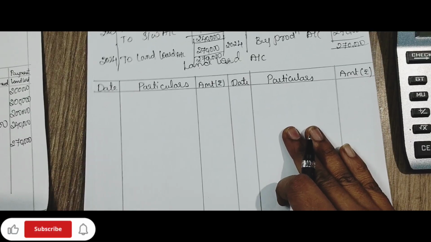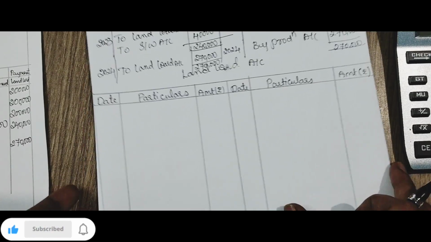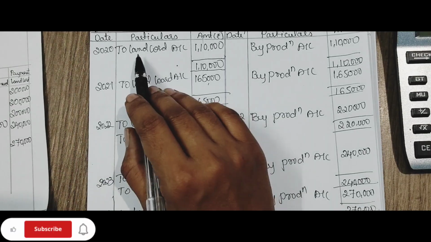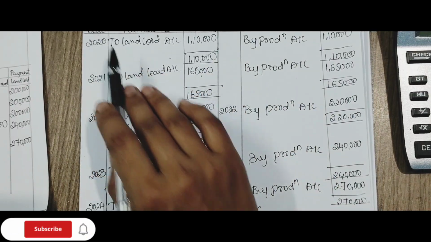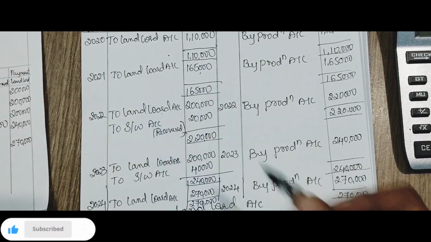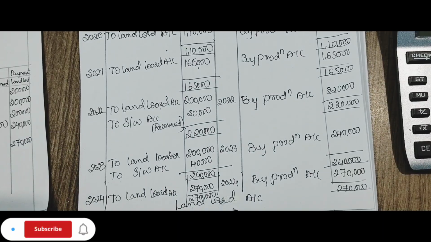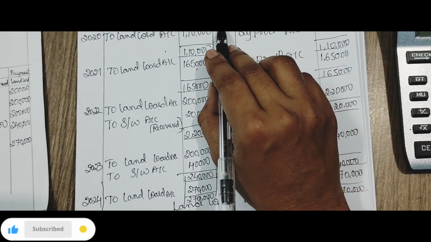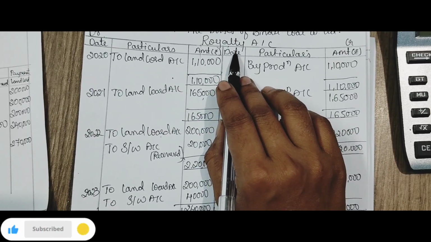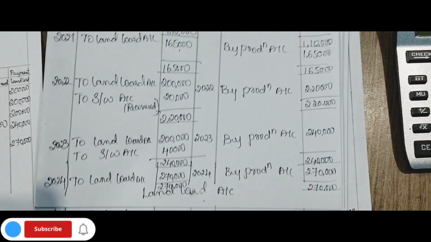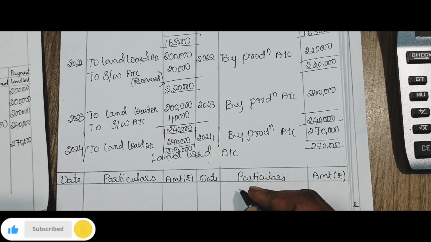Landlord account. Now here you can see, in the royalty account you have debited the landlord. So in the landlord account, you are crediting the royalty account. Is it clear? What is the entry?